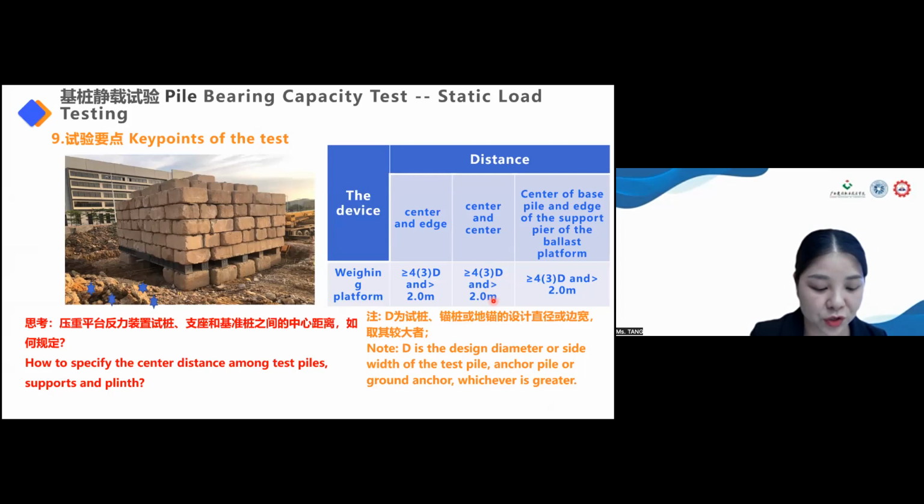The distance between the center of the benchmark pile and the side of the supporting pier of the pressure platform is no less than 3 diameters and no less than 2 meters.